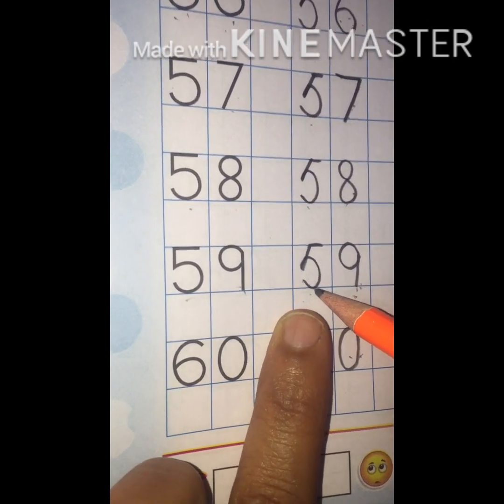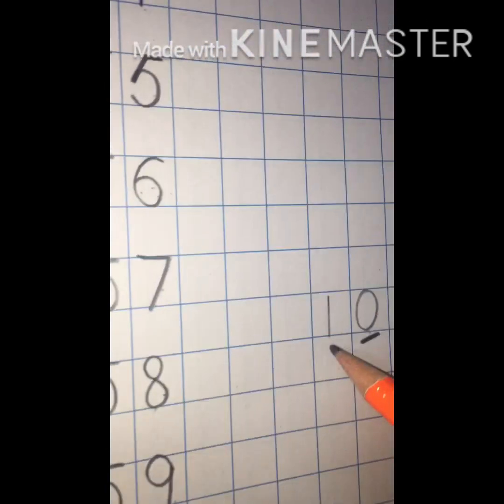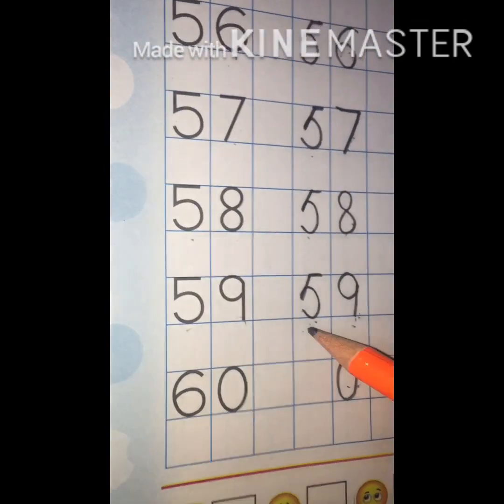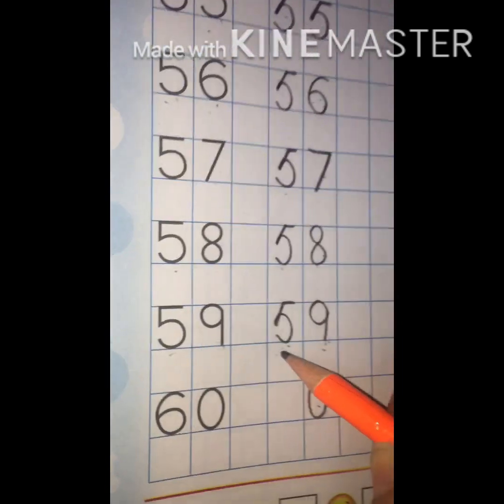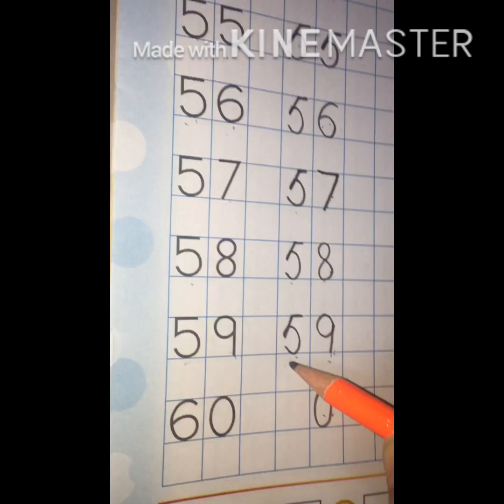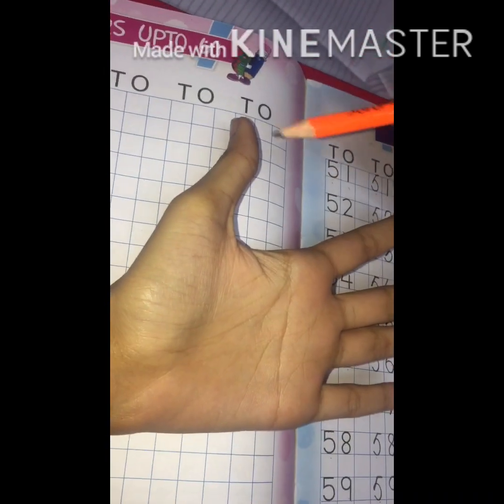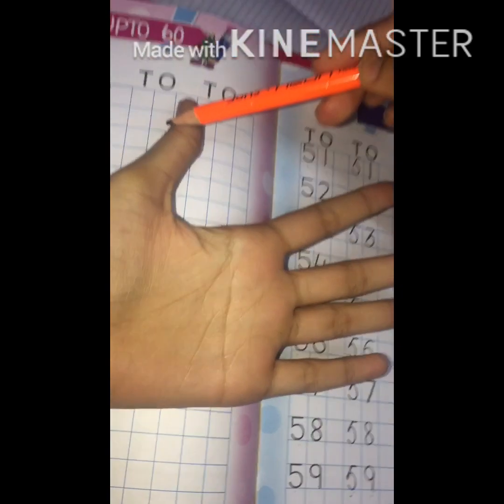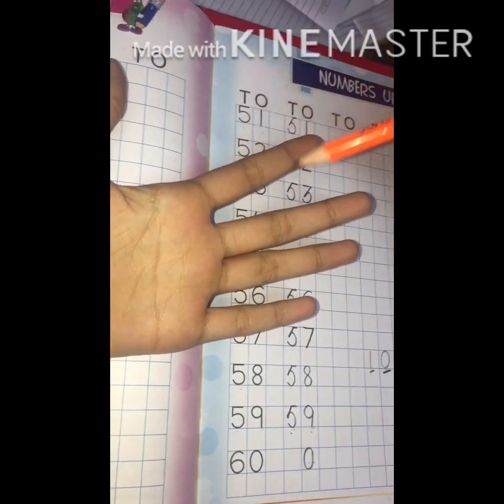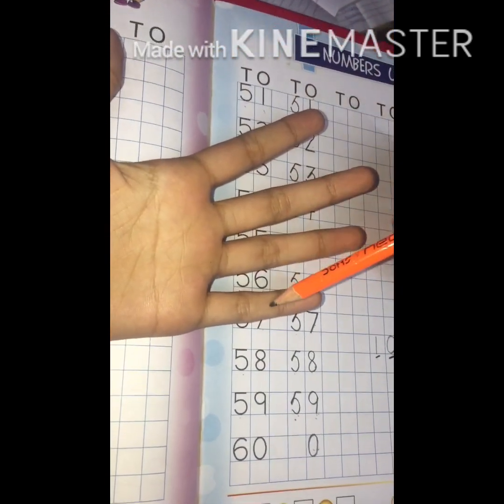Now we have number 5 here and number 1 here. Okay, and let's take out 5 fingers. Let's count. 1, 2, 3, 4, 5. We have 5 fingers, but 1 is also written here.